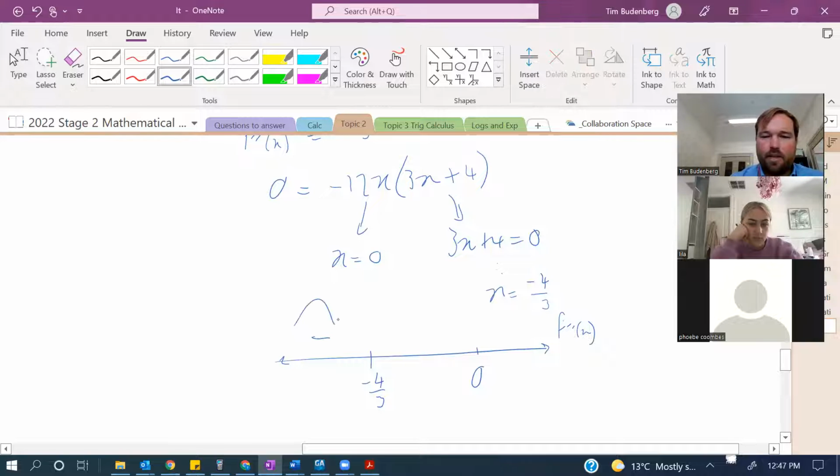Then in here, you put in, say, -1. That comes out positive, times a positive is positive. And if you put in +1, the first number is going to be negative, so the whole thing will be negative. Your graph is going concave down, concave up, concave down.